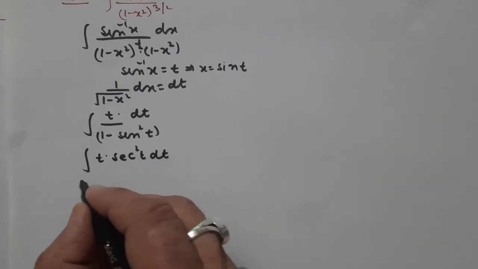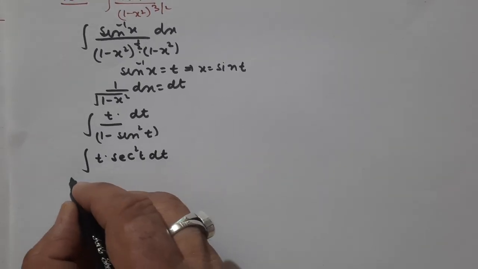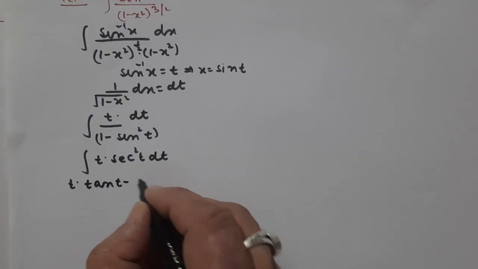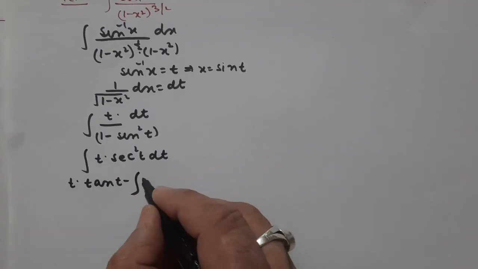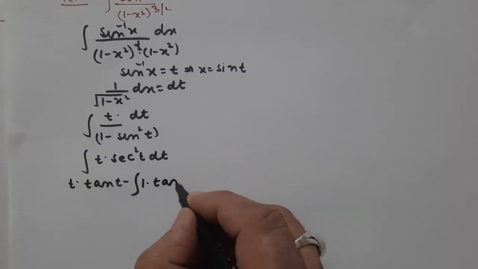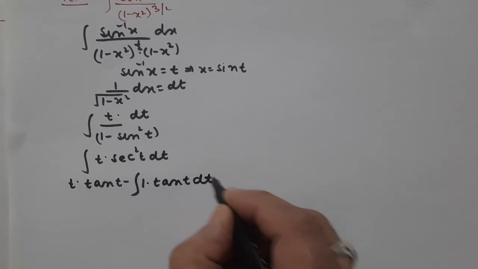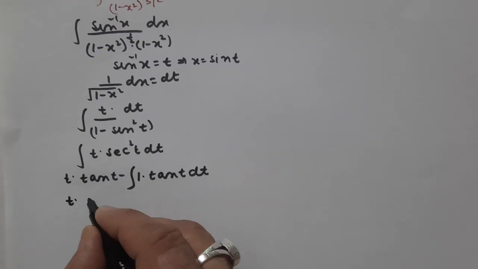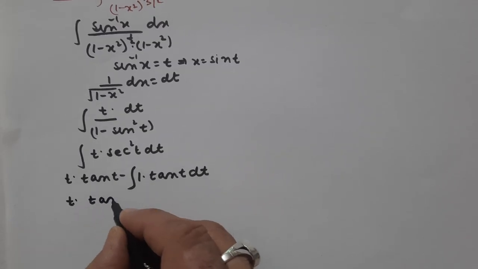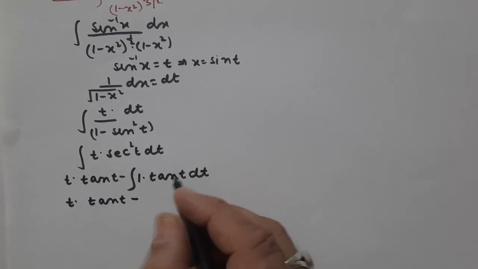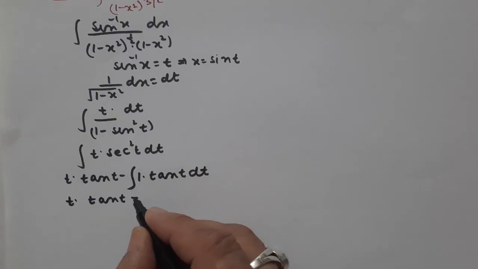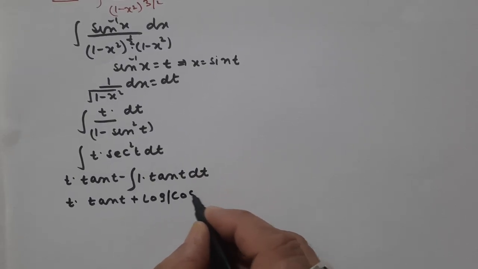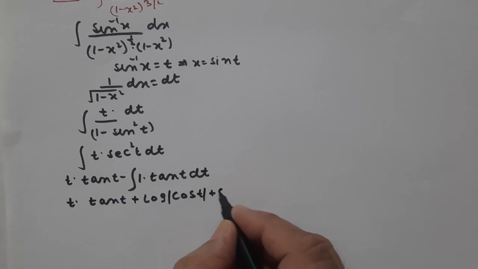Now integrating, we take t as the first function. The integral of secant square is tangent t, minus the derivative of the first into tangent t dt, like this, right? So t into tangent t. Now again integral of tan t is minus log cos t, so we write log of cos t plus c.